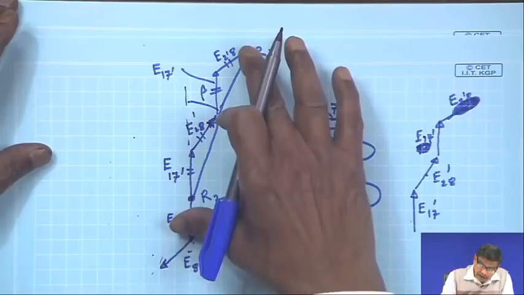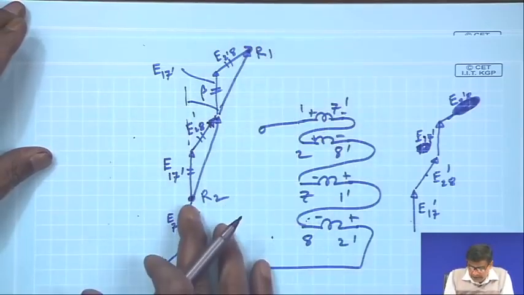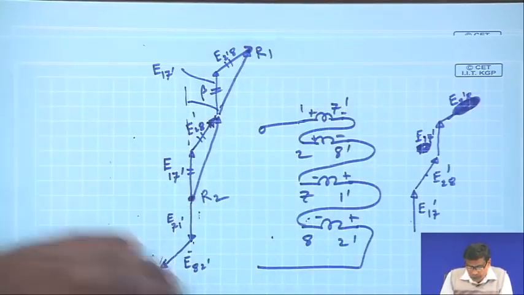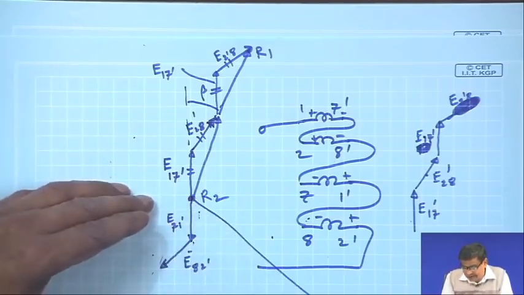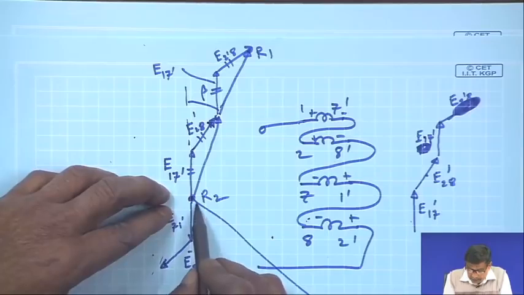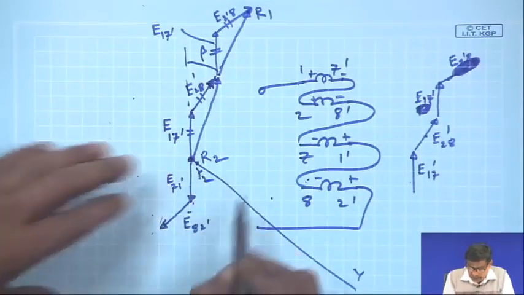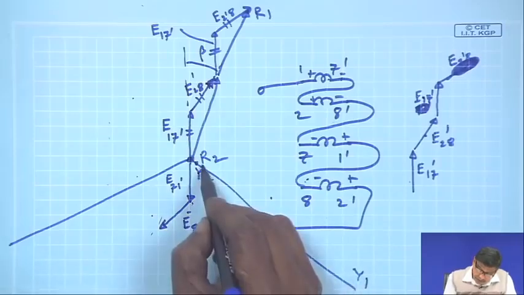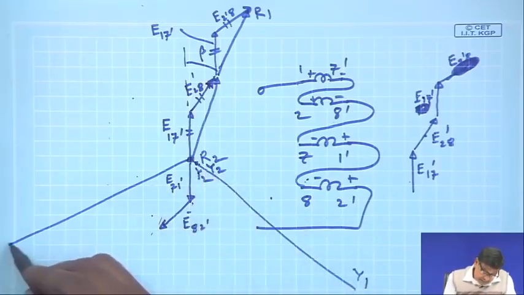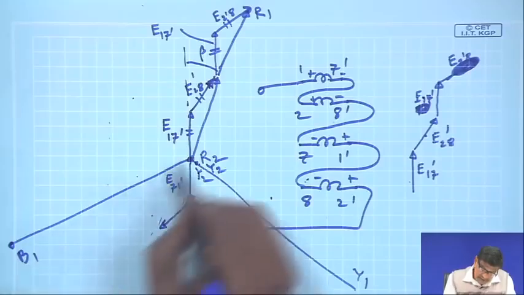So, this will complete R phase. Similarly, for the Y phase, those group voltages you add, but ultimately Y1, Y2 will be like this. You may not have connected R2, Y2, it will be like this, and B phase will be B1, B2.